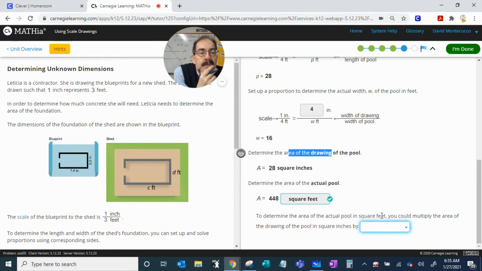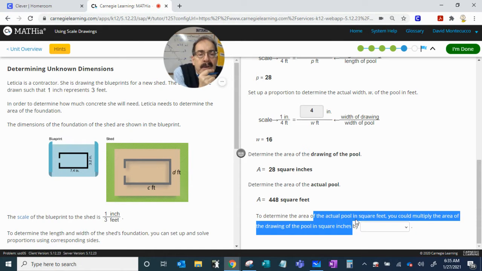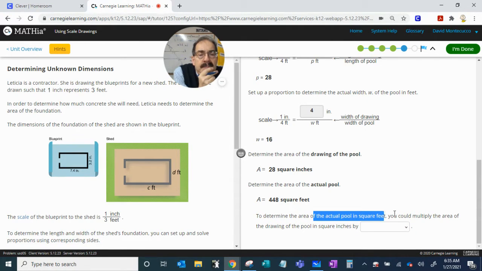To determine the area of the actual pool in square feet, you could simply multiply the area of the drawing by 16, isn't it?